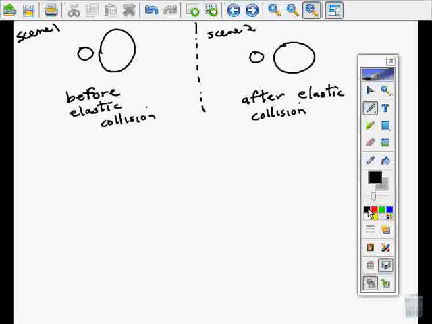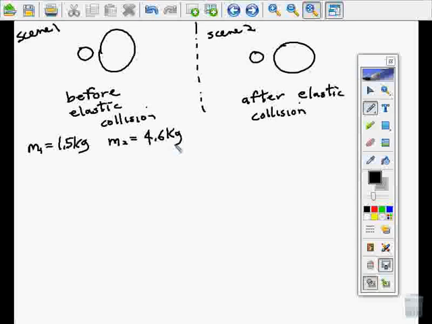I'm sure in the problem they told us the mass of each sphere. Yes. Right. So we know what m1 is. We know the mass of that little guy. What is that little m1? 1.5 kilograms. And we know what m2 is: 4.6 kilograms.